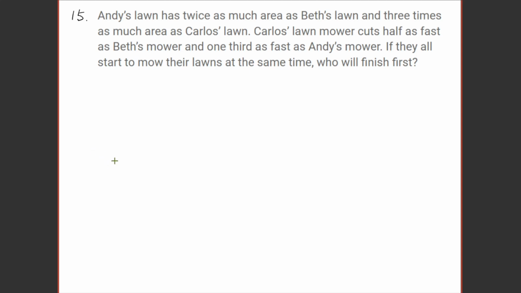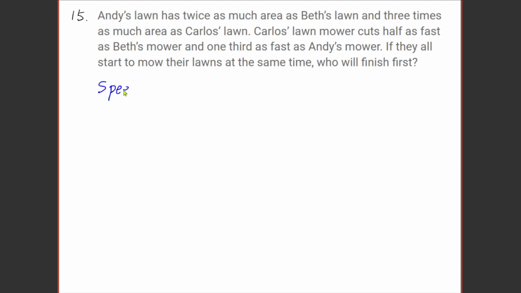Okay, we know the time it takes to cut a lawn is directly proportional to the area of the lawn, right? Because if you have more lawn, it will cost you more time. And it's inversely proportional to the speed of the mower. So we must have this relationship.